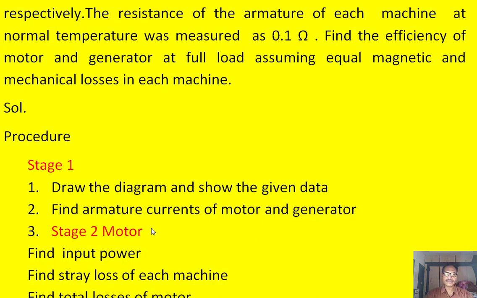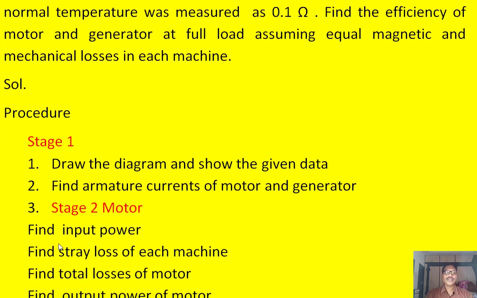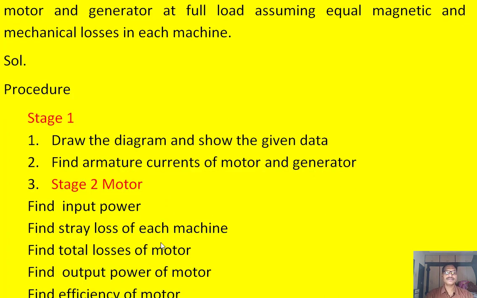Next, stage 2: we have to find the input power to the motor, and from that find the stray loss of each machine. In this Hopkinson test, whatever power is taken by the motor from the supply is utilized to meet all the losses of both the machines, that is all armature copper losses plus stray losses.